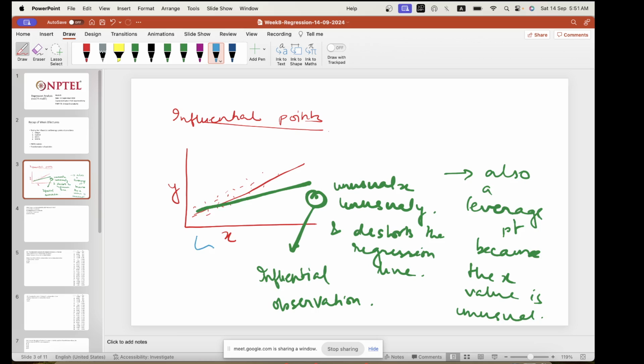Usually the mean should lie over here, or this is where I would say the range of x should be, but this point is far from that range, so this is a leverage point.